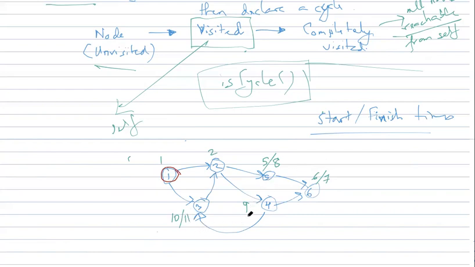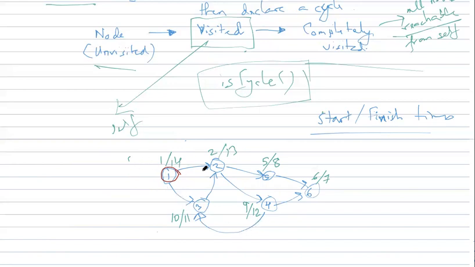It comes back to 4, and at the 12th time it completes the visiting of 4. So it comes back to 2, this is 13, then comes back to 1, this is 14.